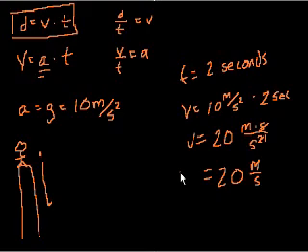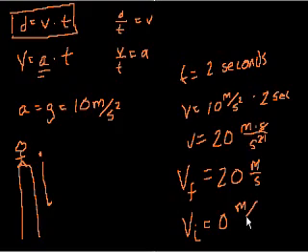So we could call this the final velocity, v sub f. That's just a fancy way of saying final velocity. But right when we start at t equals 0, what was the velocity? Well, right when it started, the initial velocity, v sub i for initial, is equal to 0 meters per second, right?